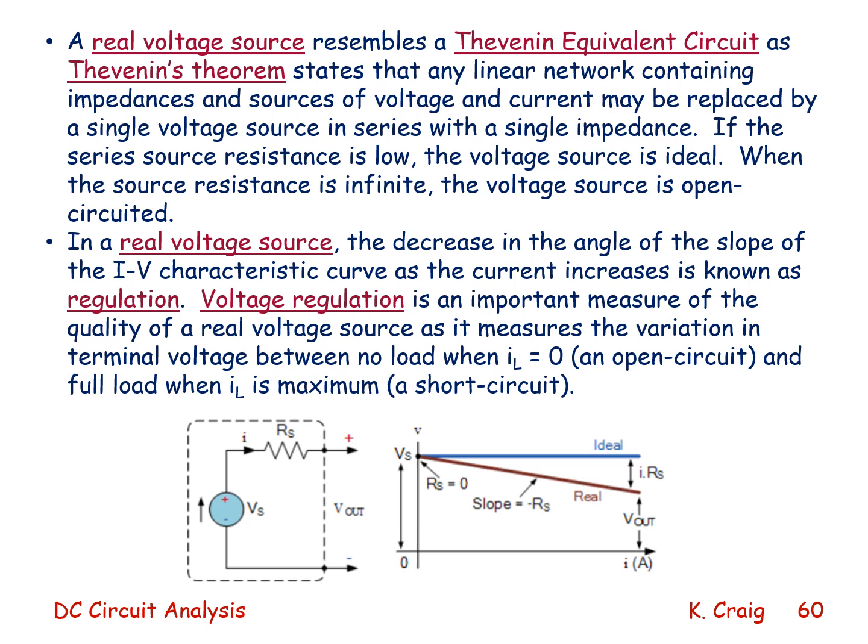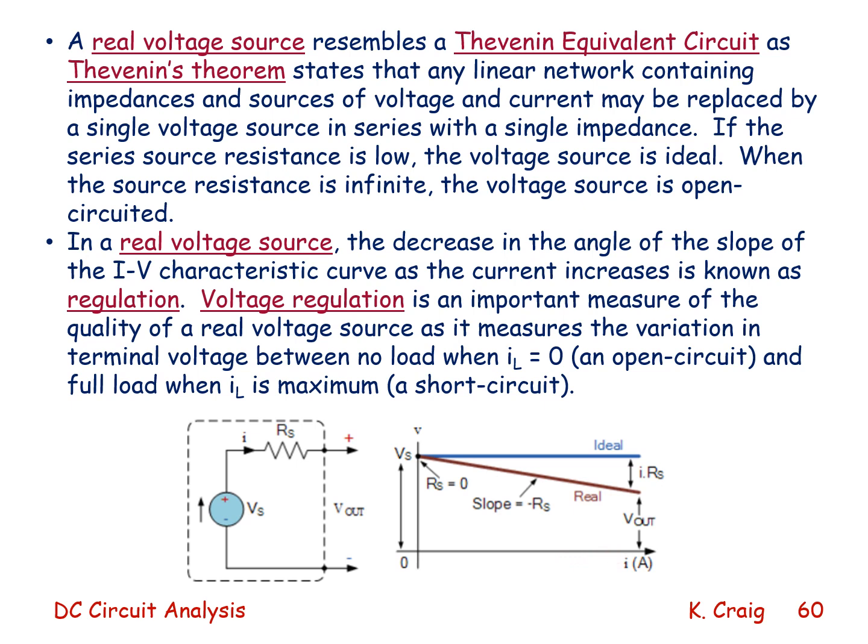In a real voltage source, the decrease in the angle of the slope of the current-voltage characteristic curve as the current increases is known as regulation. And we see that here in the graph, the decrease in the voltage output as the current increases.